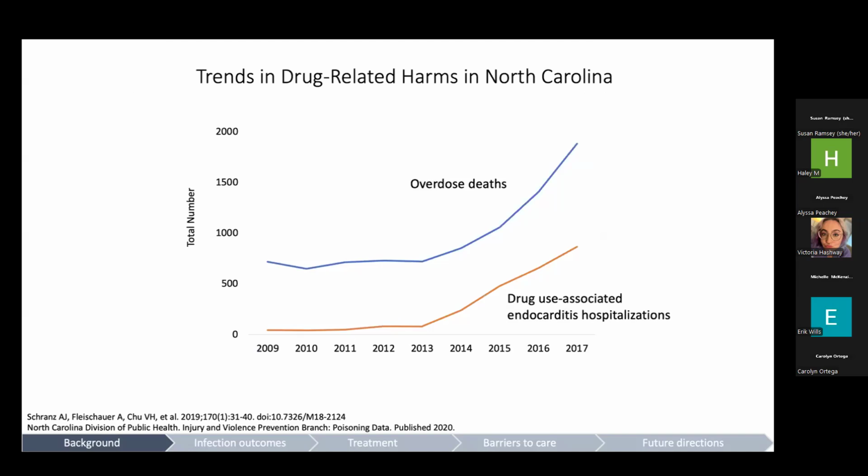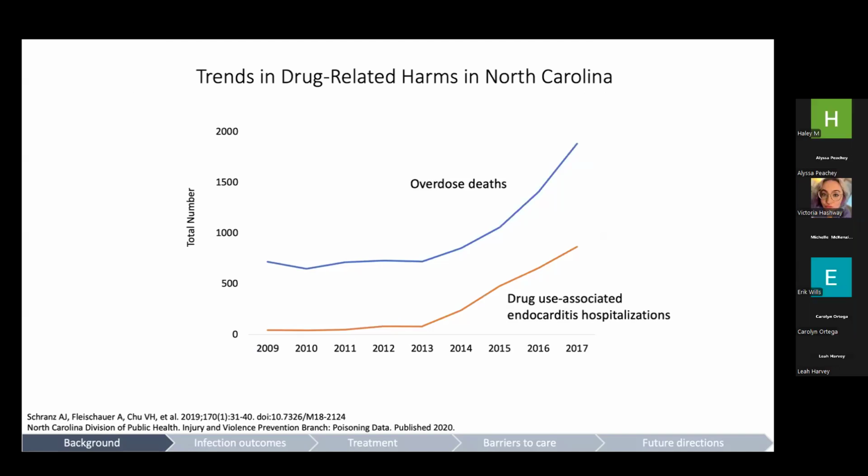A lot of the work I'll be going over is specific to North Carolina. Just to provide a little background about what has been going on in North Carolina, we had seen a similar trend in increases in overdose mortality as we had seen nationwide, particularly with this large increase starting in about 2013.